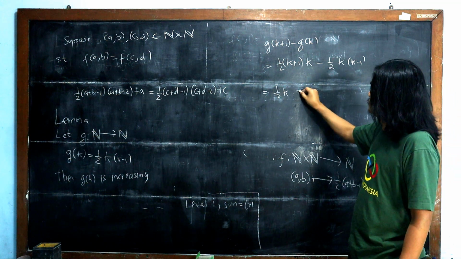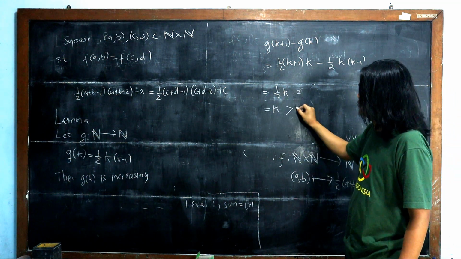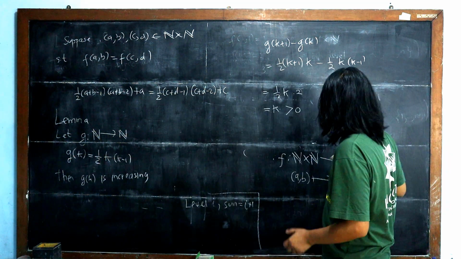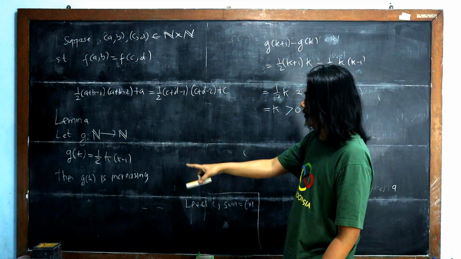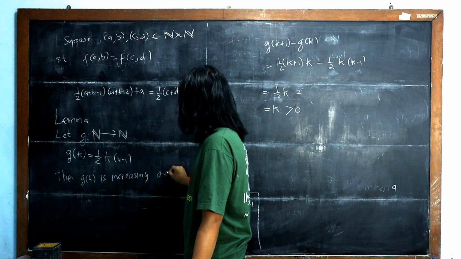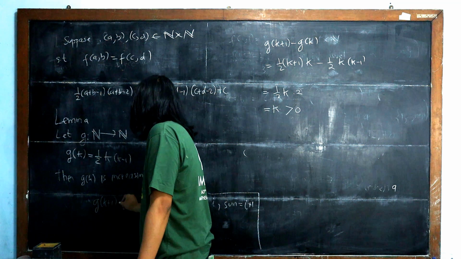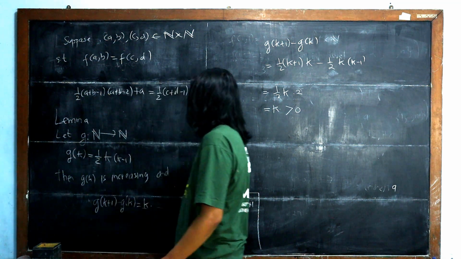It's going to be 2, so that is k, okay, which is greater than 0 since k is in N. So not only is g(k) increasing, we know also g(k plus 1) minus g(k) is k.